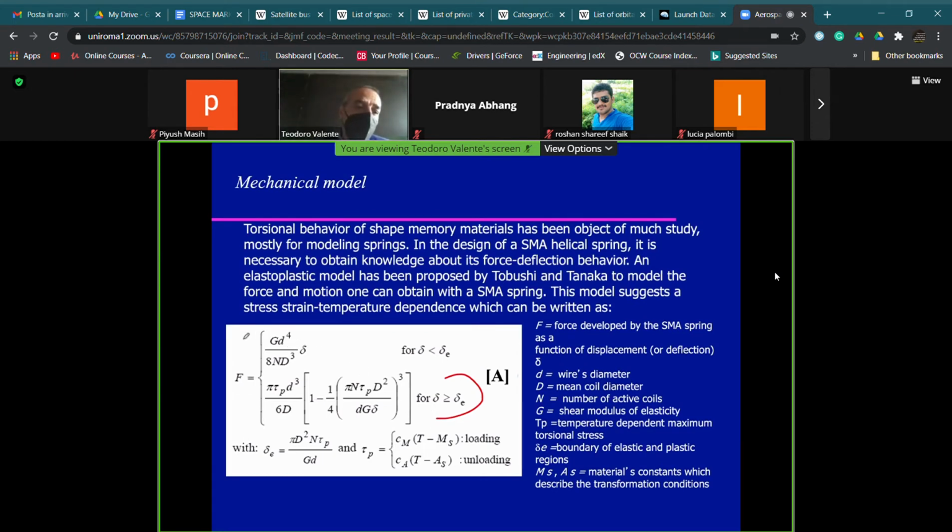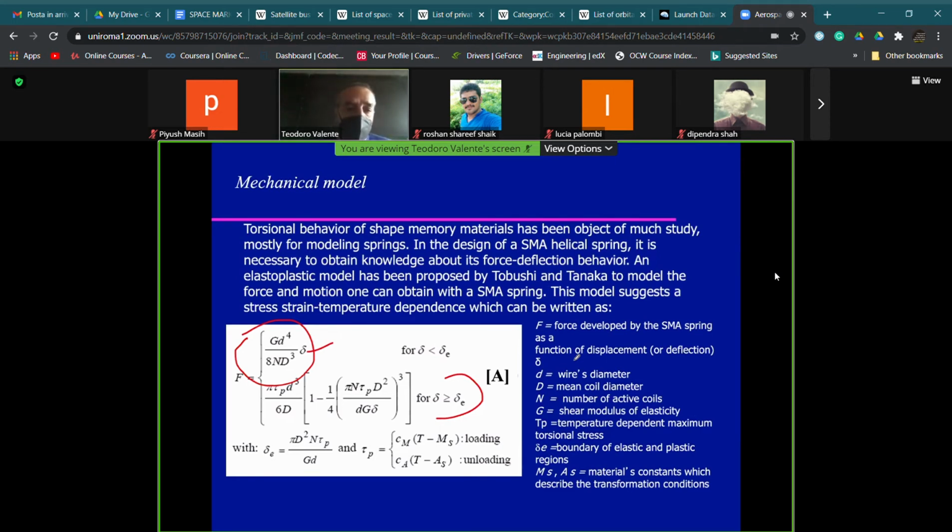Otherwise, the standard elastic region behavior is what is given by this force and this equation, where you have here delta, which is essentially the deflection, that is the displacement of the spring, due to the change in shape for the activation of the shape memory behavior.